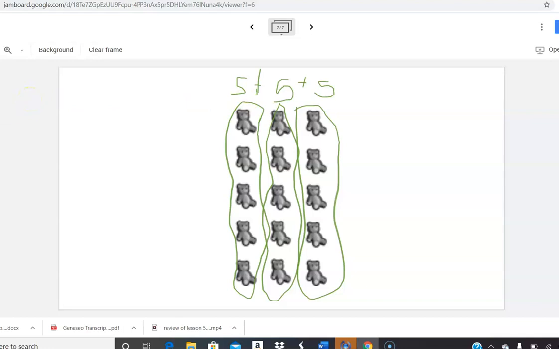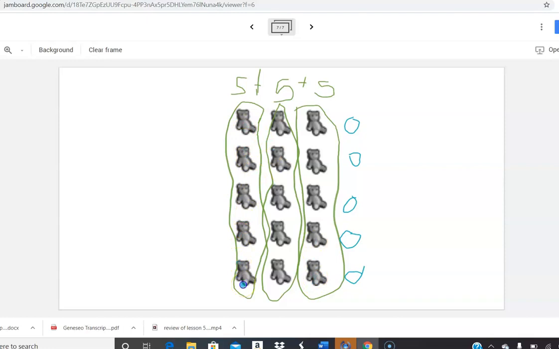What if I told you to add another column of bears? You would add 1, 2, 3, 4, 5. You would add 5 more.